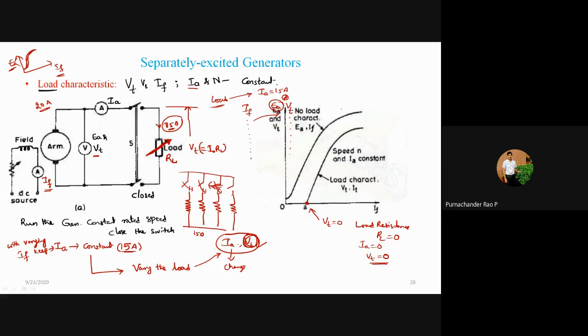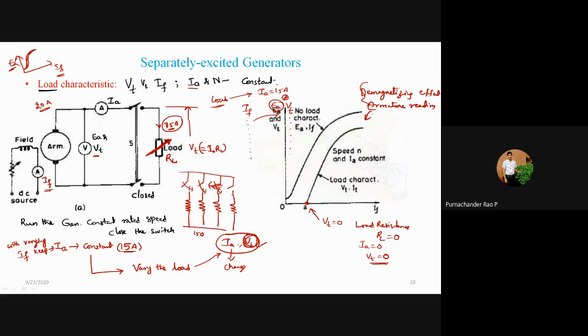So the difference between these two will give you the demagnetizing ampere turns, or the effect of the demagnetizing armature reaction. The demagnetizing effect of the armature reaction can be obtained from the no load and load characteristics.